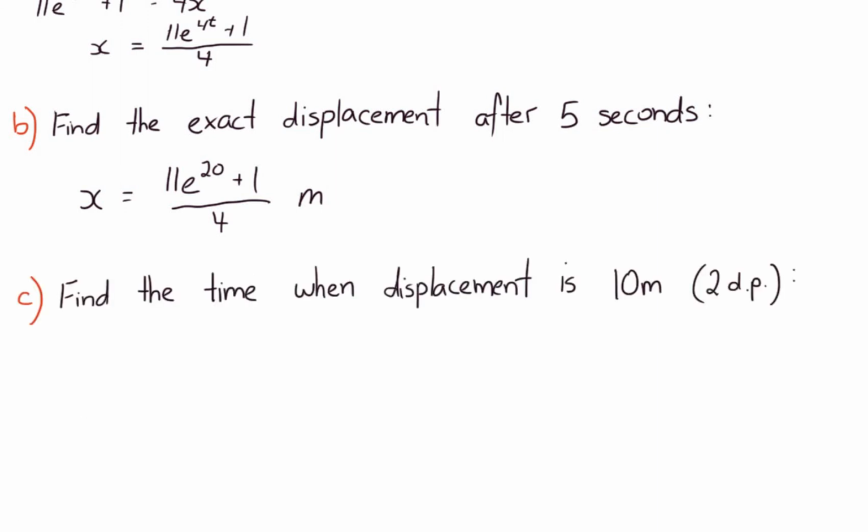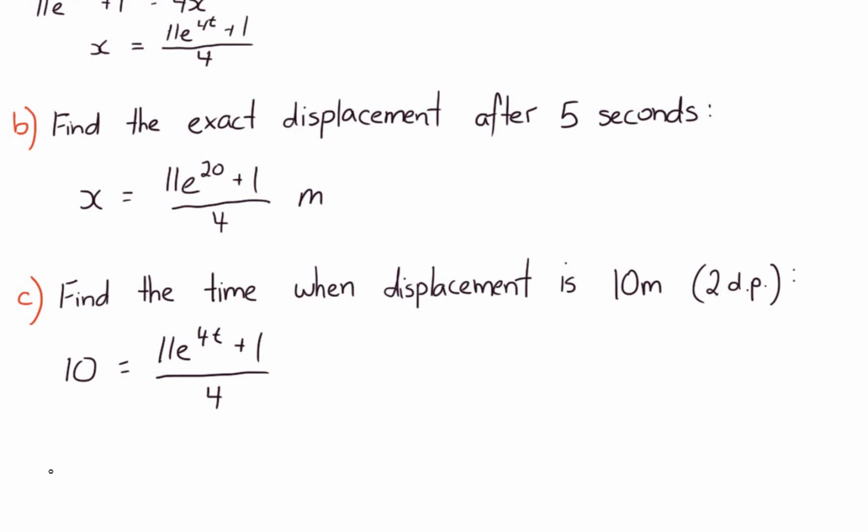The final part of this example, part C, find the time when displacement is 10 meters. And we're going to find this correct to 2 decimal places. So now we are taking our equation from before, but we are substituting in x equals 10, because that's what we know. So our displacement x is 10, and we're solving for t. So we need to rearrange this so that t is the subject.